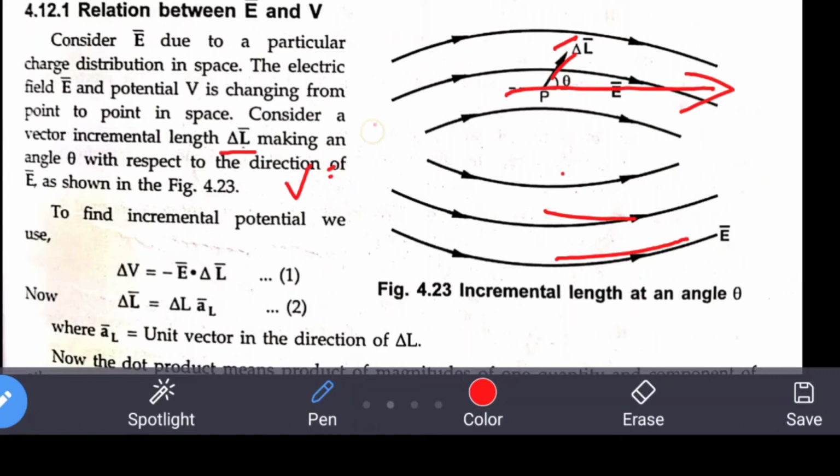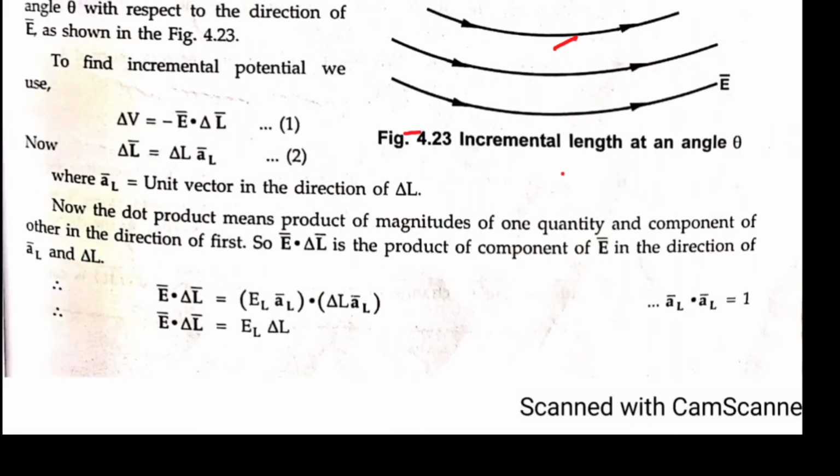Here dl is delta L, a very small length giving a very small change in potential, so delta V is minus E dot delta L. Delta L equals delta L aL, where aL is the unit vector along the direction of delta L. The dot product is the product of the magnitude of one quantity and the component of the other in that direction.